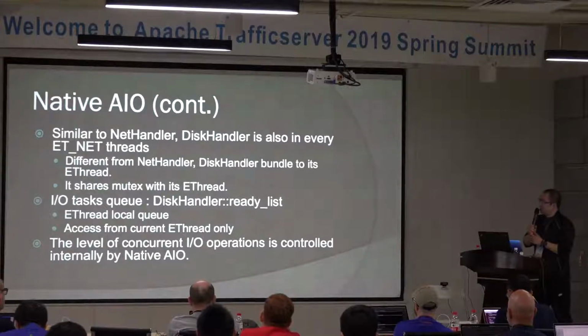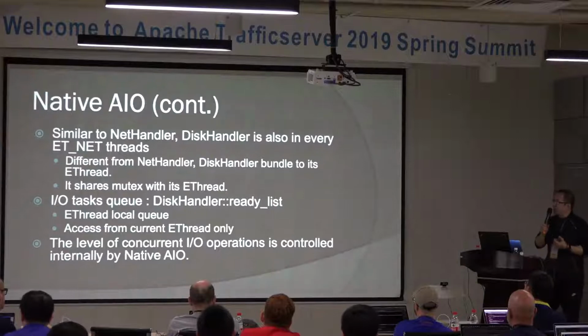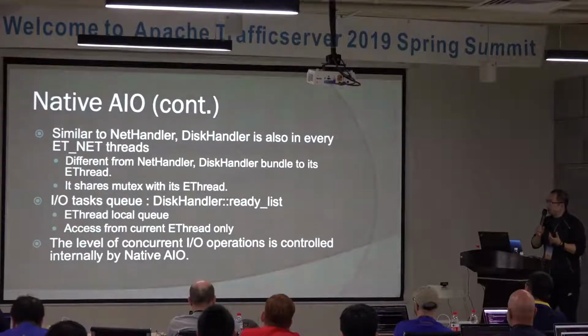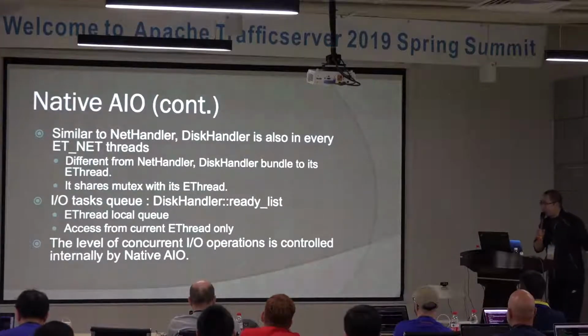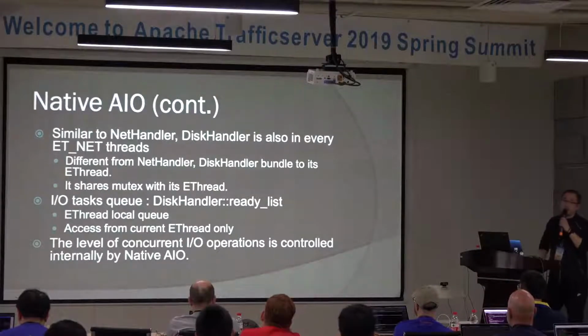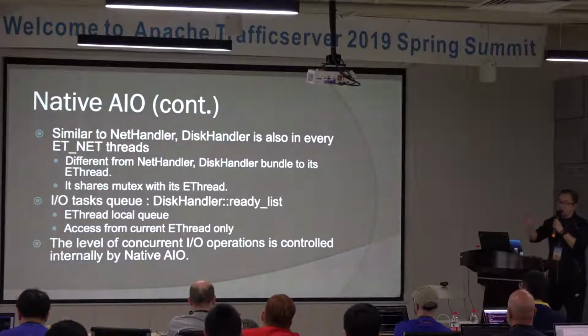The disk handler has an I/O task queue, the ready list. It is a local queue, accessed from the current E thread only. The level of concurrent I/O operations is controlled internally by native AIO, so the kernel controls the concurrent reads and writes to the disk.